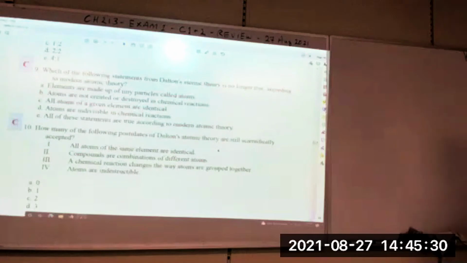No. Not since we discovered isotopes. And then atoms are indivisible in chemical reactions. That's true. It takes a nuclear reaction to split up an atom. All of these statements are true according to Monroe? No, they're not. So we did find our answer right here. All right.